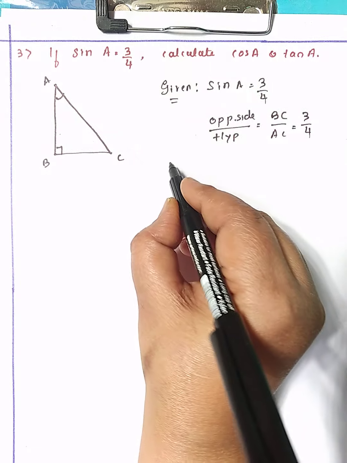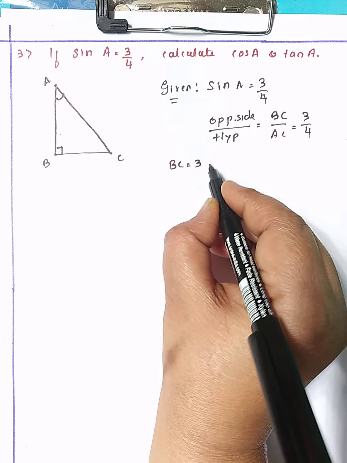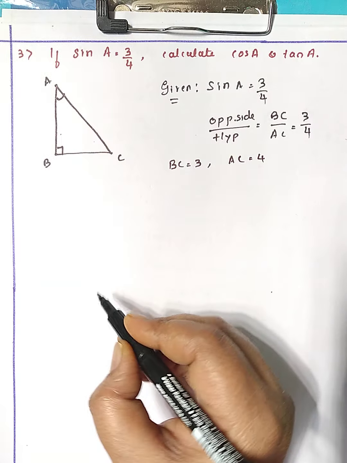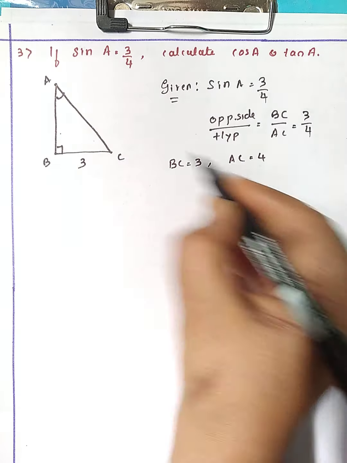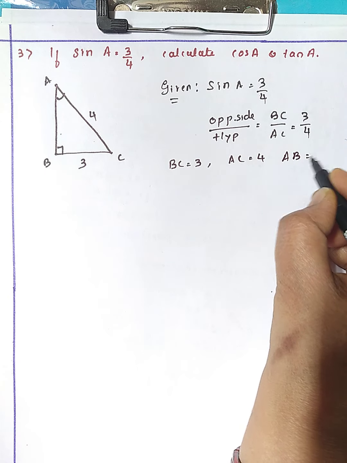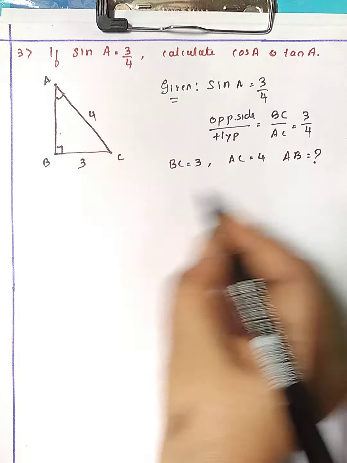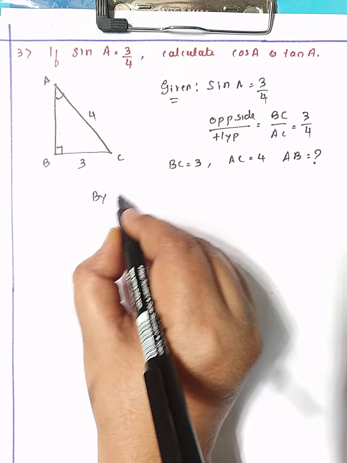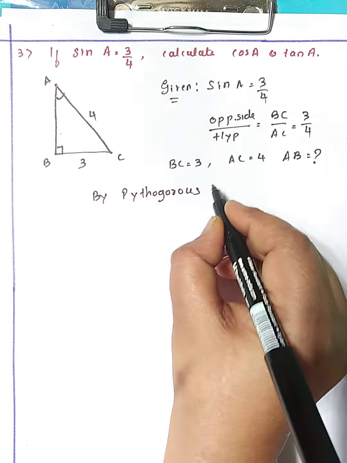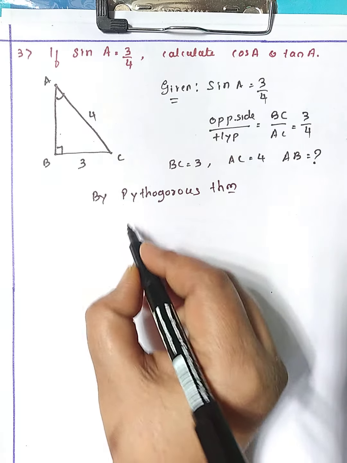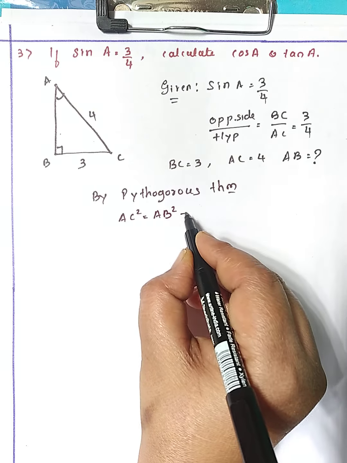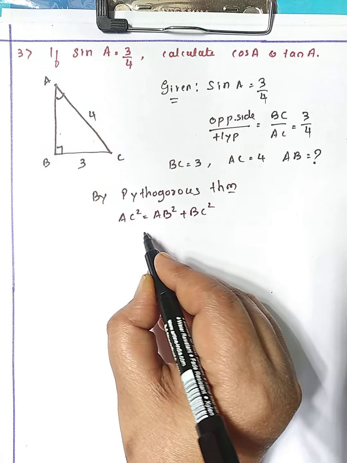Therefore, BC equal to 3 and AC equal to 4 units. We have to find out AB. For finding out AB, again by Pythagoras theorem, AC square equal to AB square plus BC square.